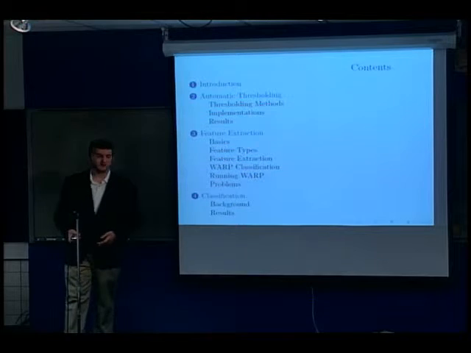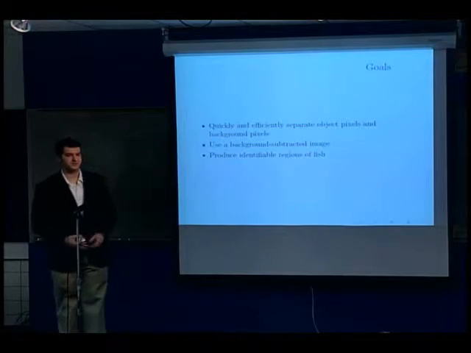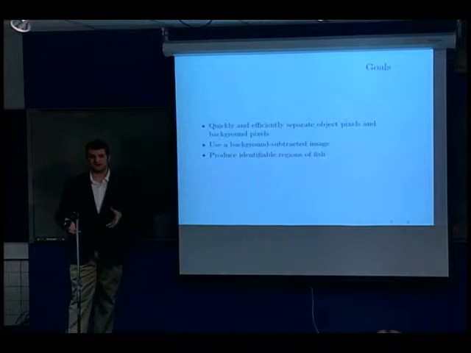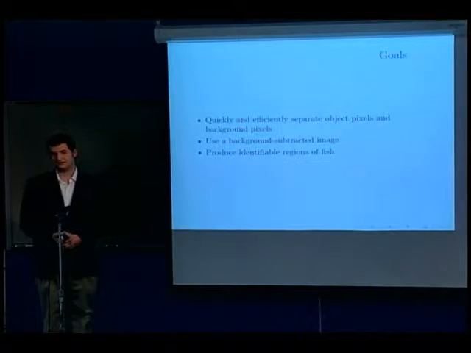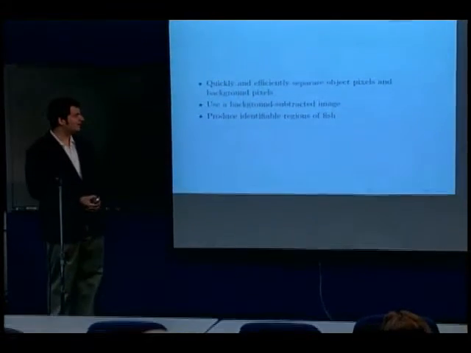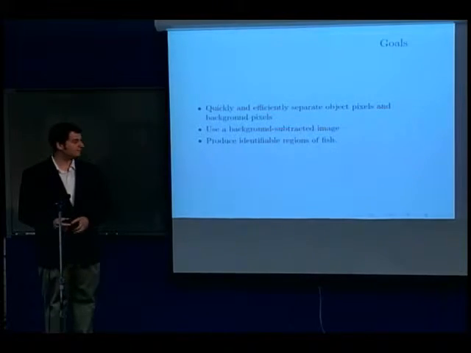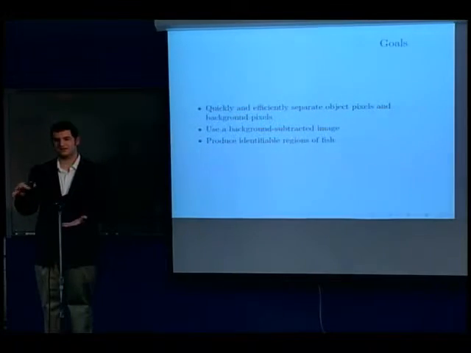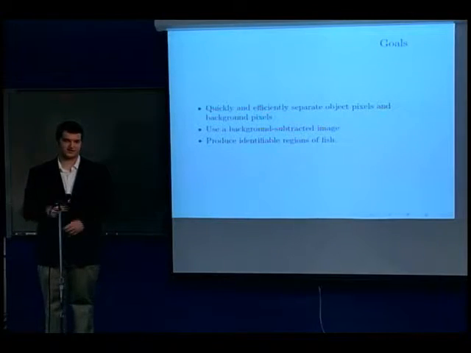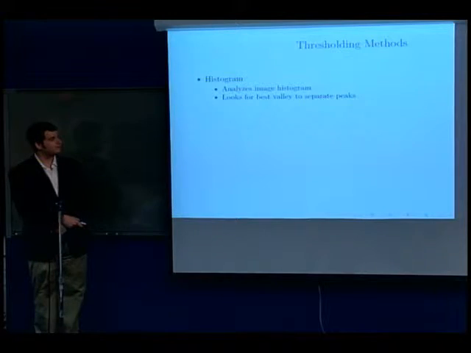I worked on automatic thresholding. The overall goal of the project was to use underwater video data to identify fish in local habitats. We need to use background subtracted images and produce images of identifiable fish so we could extract their data and work with science agencies.